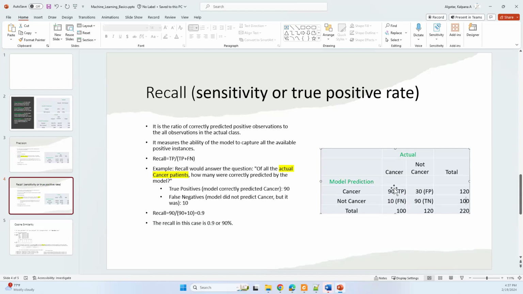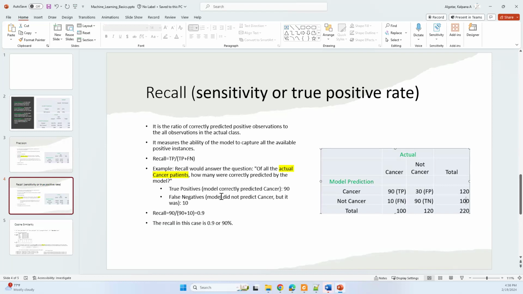So in the real scenario, a total of 100 patients have cancer. Out of these 100 patients, how many were correctly predicted by the model? We can see that 90 were correctly predicted by the model because 10 were not predicted correctly. So 90 divided by 100, then we get 0.9 or 90% recall.